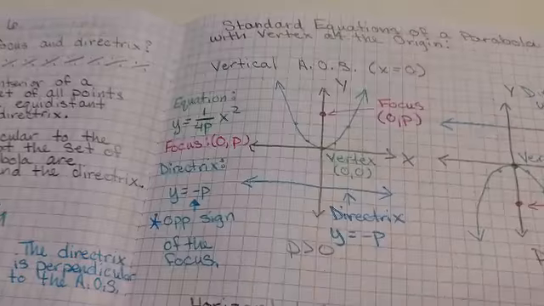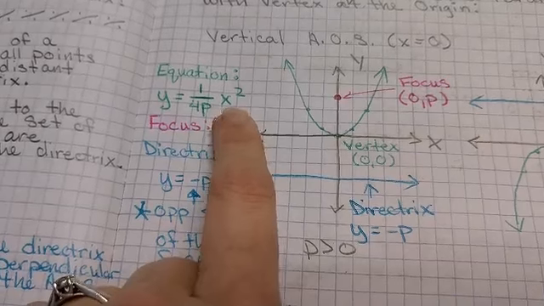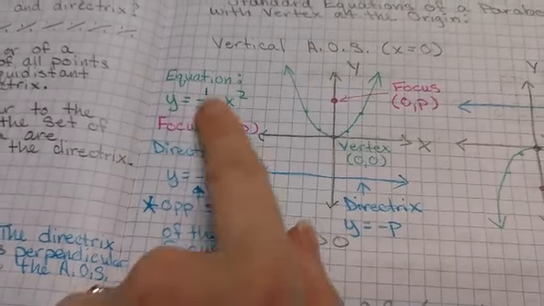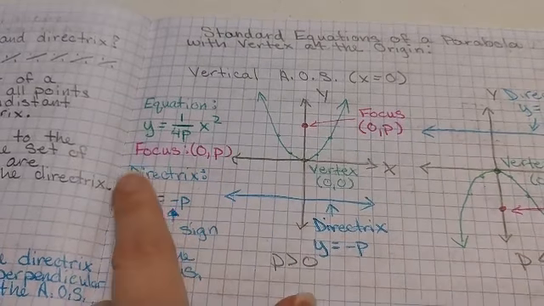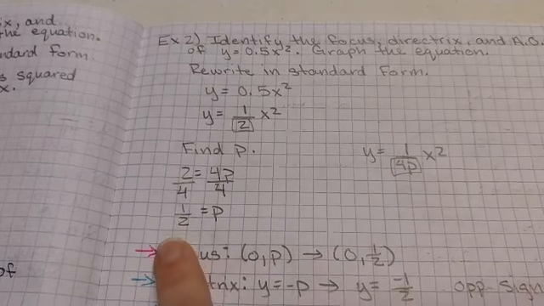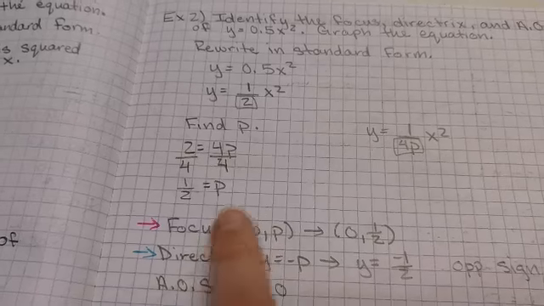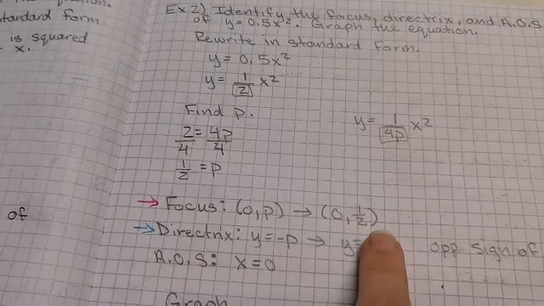Now if I come back to here, it says if I have y equals and an x squared, then I'm going to be in this case up here, where it's going to be either up or down. And my focus is now going to be 0, p. So I know that p is 1/2, so my focus 0, p is equal to 0, 1/2.